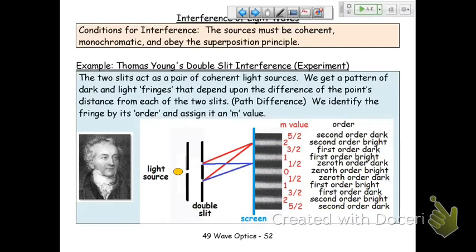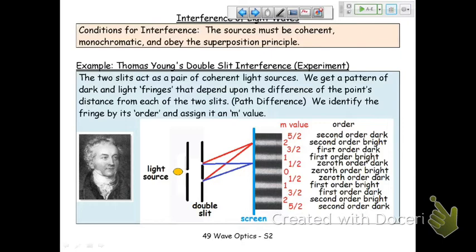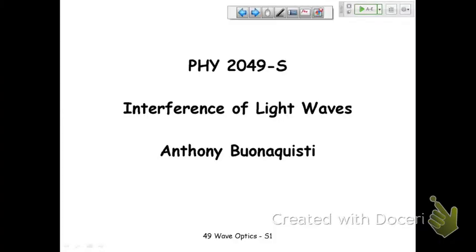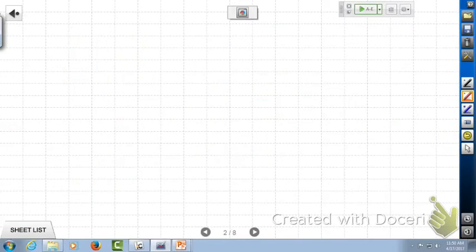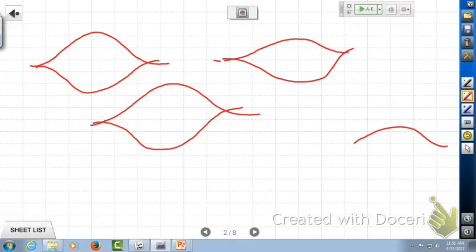So what it means in terms of photons is, to get light to be coherent, I need to have kind of like overlapping patterns.